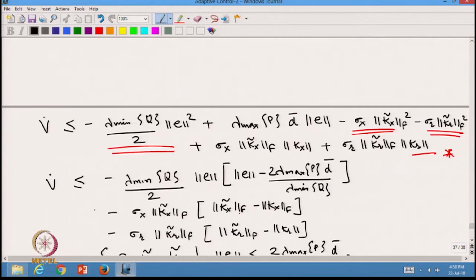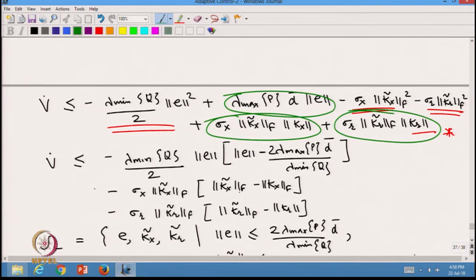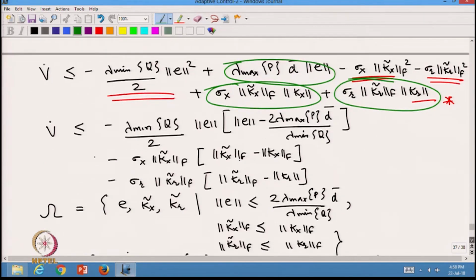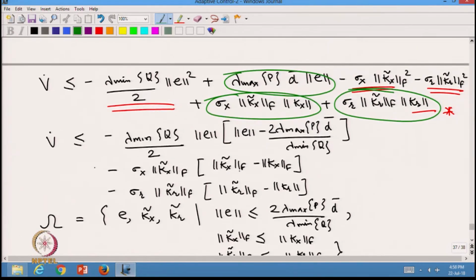We use that on this term, and this term, and this term. So, on these three terms. In fact, let's not use it on this term.